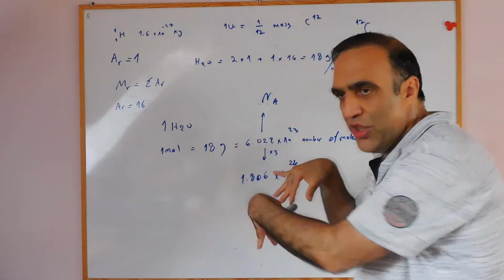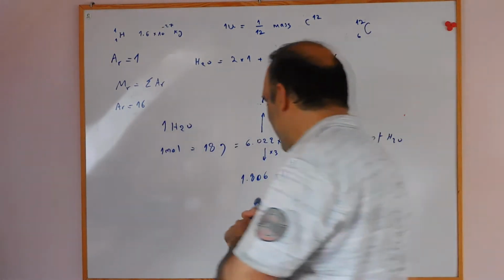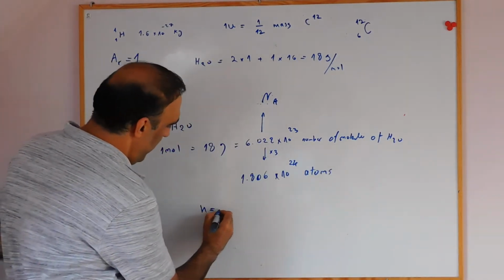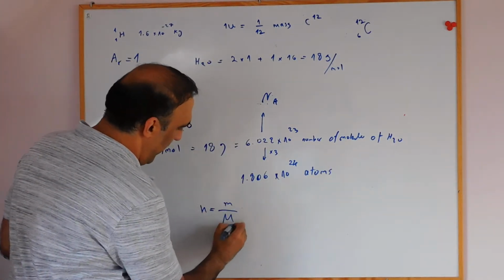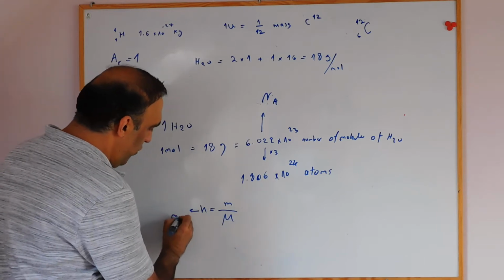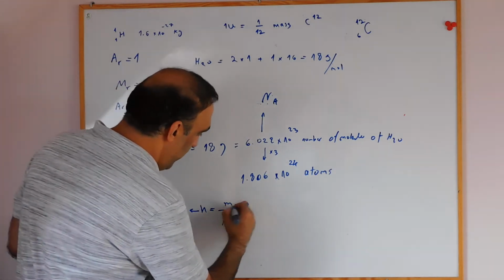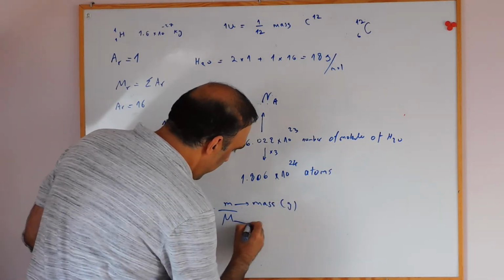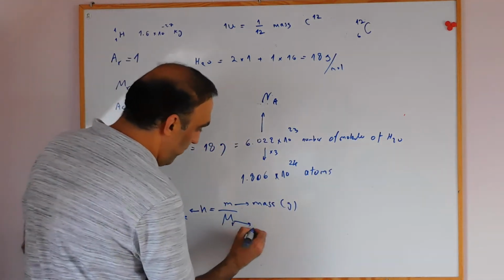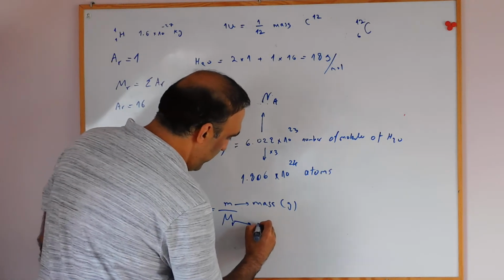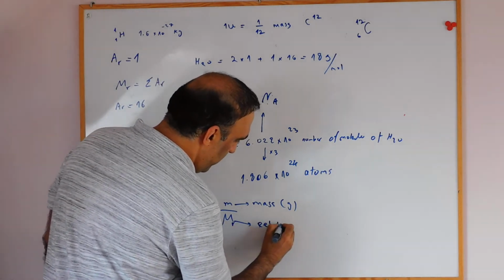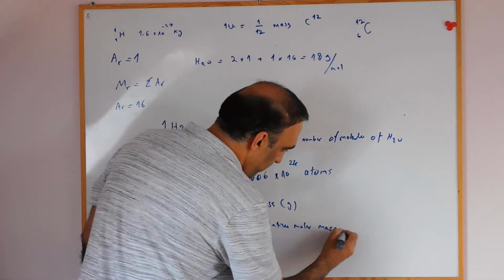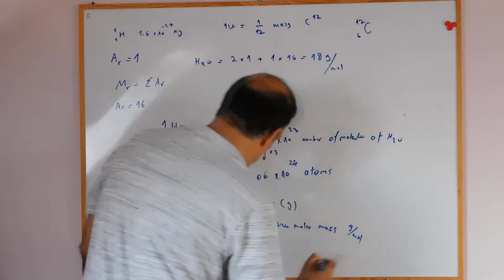In this situation, we can write a very easy formula: n equals m over M. n is the amount of the mole, m is the mass, and the unit is gram, and big M is the relative molar mass, and the unit is gram per mole.